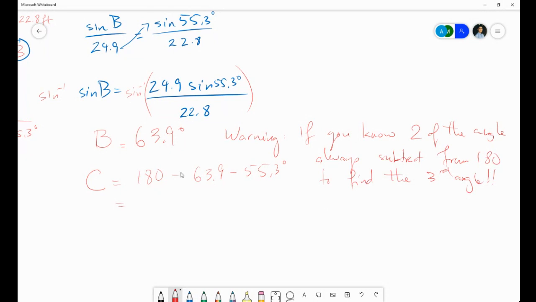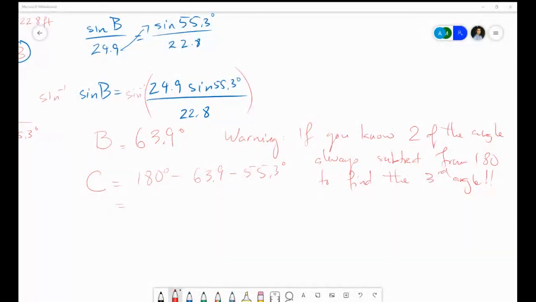The reason is that all 3 angles have to add up to 180 degrees, so you cannot have the sum of 3 angles equal 179.9. If you're going to round off one of them, then you have to round the other one as well. So what do we get for C? 60.8.